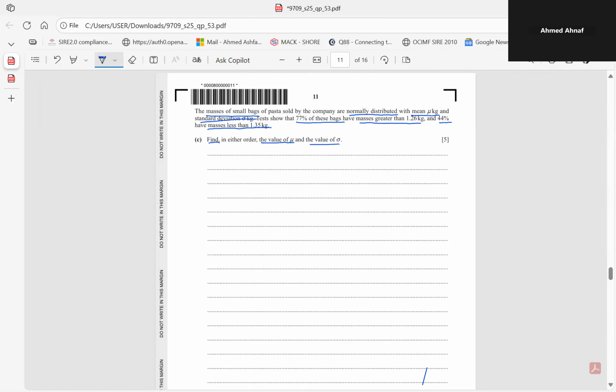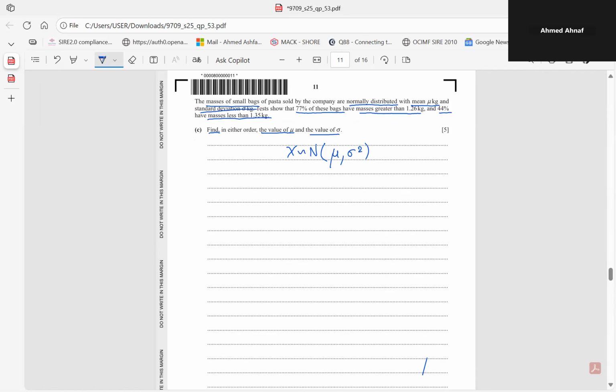Okay, first let's let X be the mass of the small bags of pasta. So X follows the normal distribution N(mu, sigma squared). Okay, so the probability of X being more than 1.26 kg is equal to 0.77.